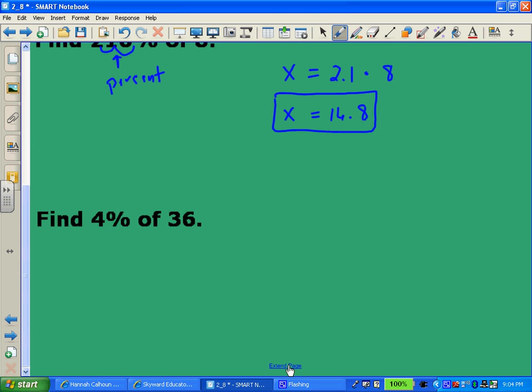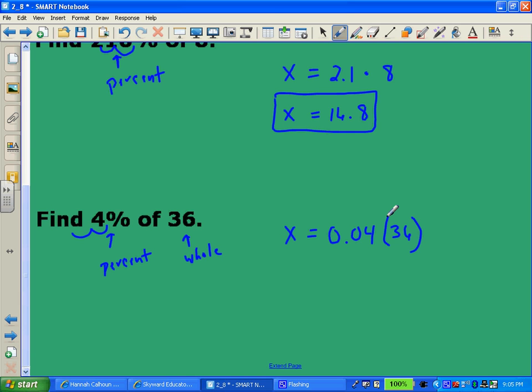One more example here, 4% of 36. Now again, 36 comes after of, so that's the whole. And here's my percent. So I don't know the part. Change this to a decimal, it's going to be 0.04 times 36.